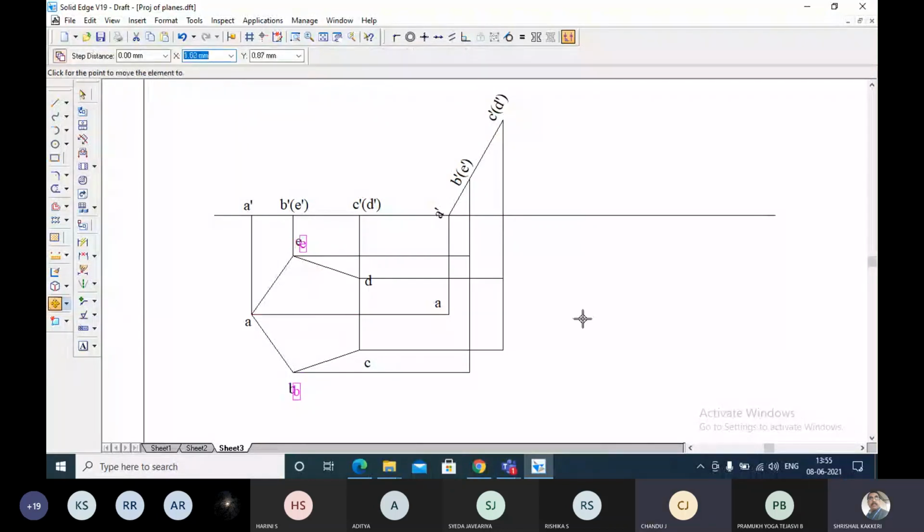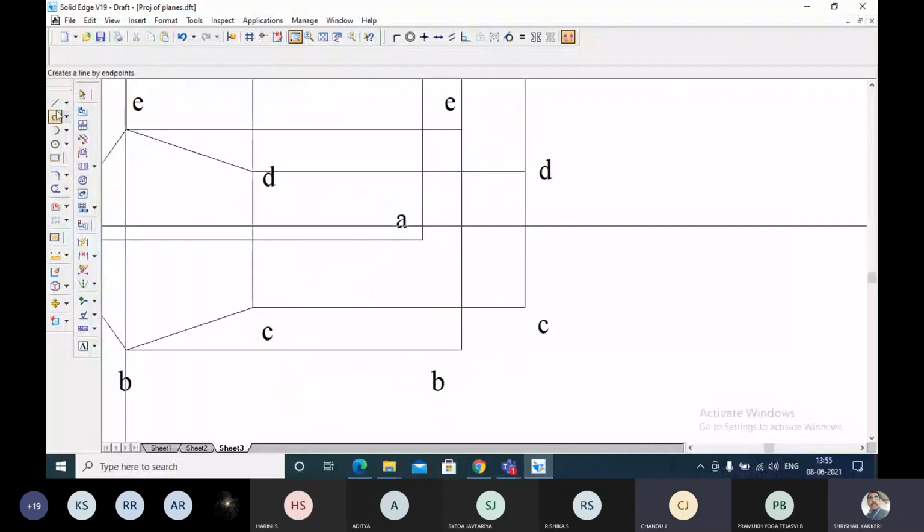I'm copying both at a time, and copy these C and D also. You can independently write. Only the thing is that it will be saving time, so I'm going to copy them. So you can see this.